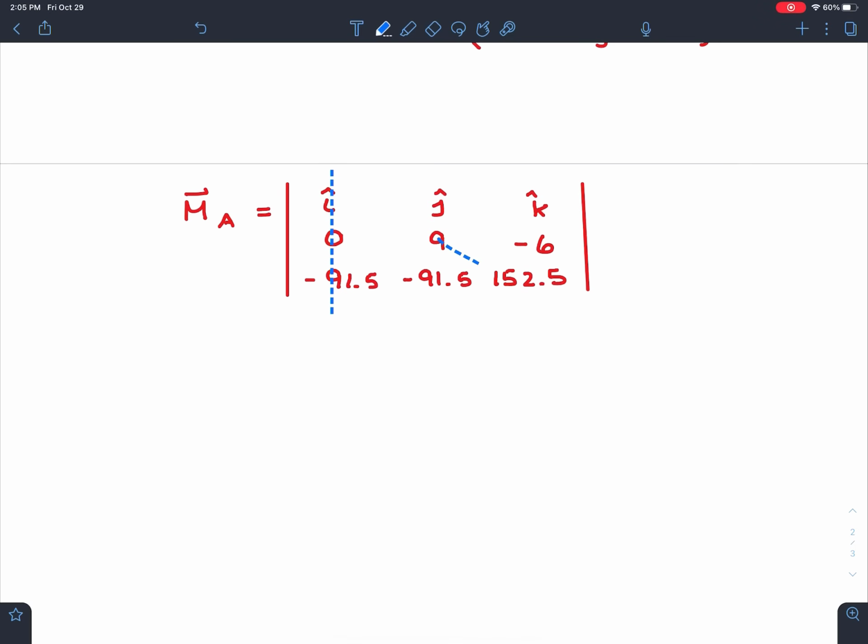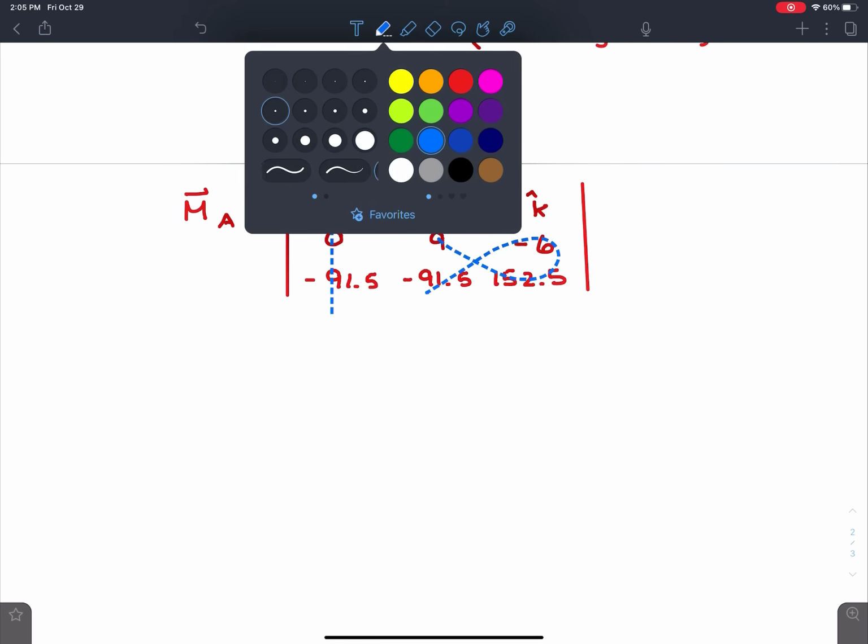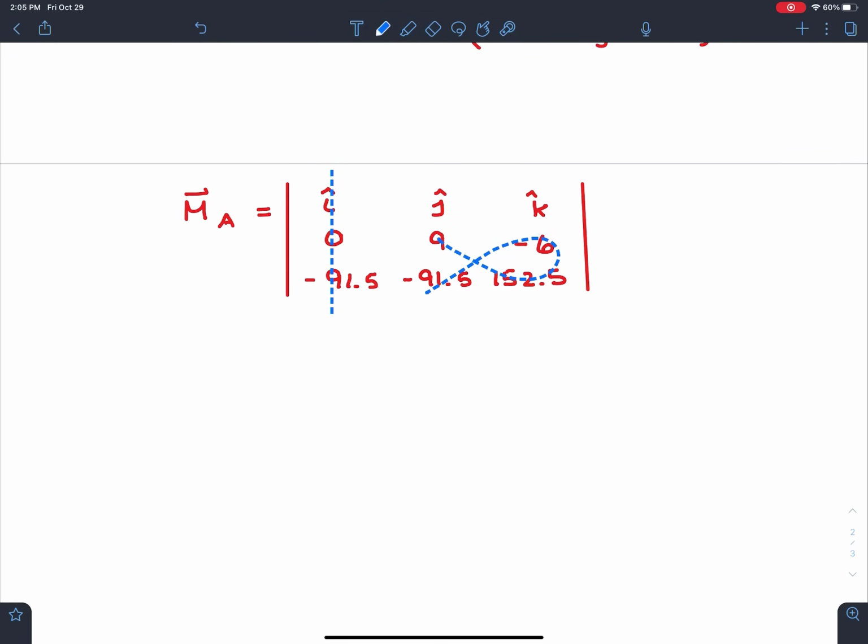So I'm going to go 9 to 152.5, up to -6, and then down to -91.5. And I'll keep it in blue so that we can see where everything is coming from. So I can say, okay, this vector is going to be equal to, and then I'm just going to basically trace the line of the fish. We go from 9 down to 152.5.